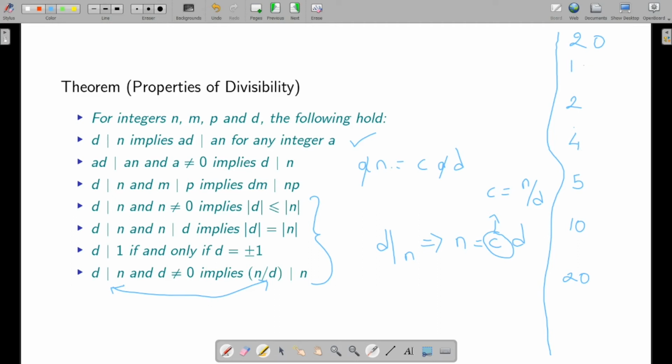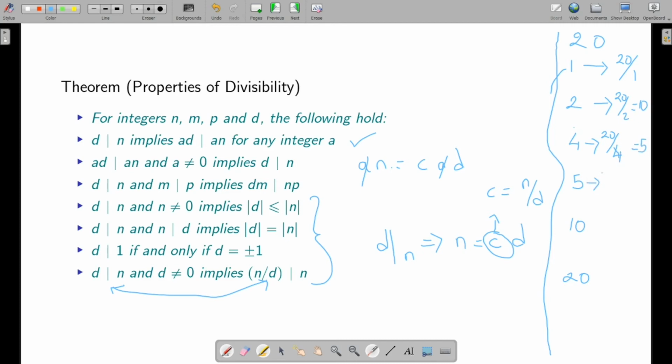Now look at this 1 here. The complementary divisor of this 1 is 20 upon 1, and you can see that's the last number. The complementary divisor of 2 is 20 upon 2, which is 10. The complementary divisor of 4 is 20 upon 4, which is 5.